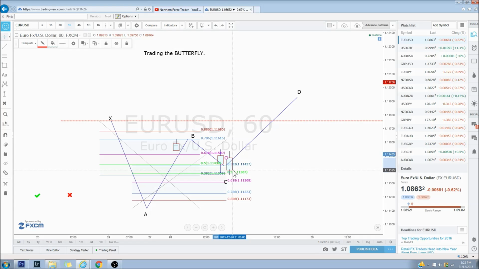So this is no, this is yes. Okay, now this candle here is also a no because the candle did not close past the 382, but this candle did. So this is the correct candle. This is a no-no candle.